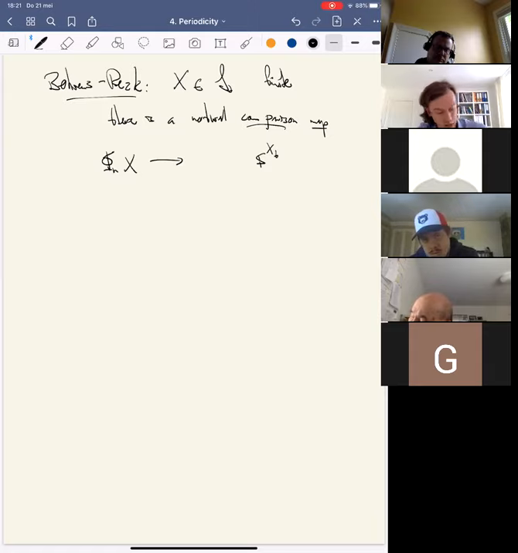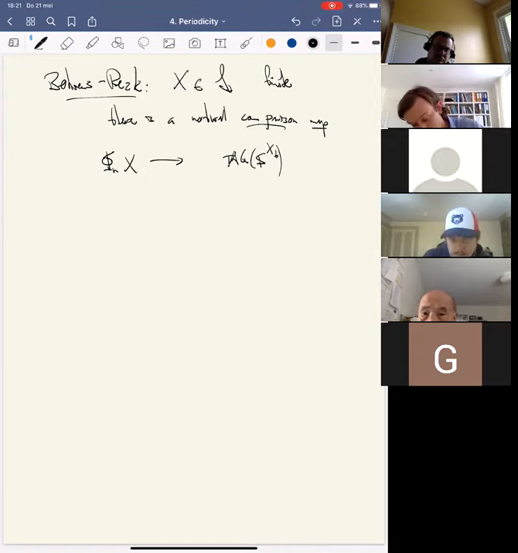I can take TAQ of it. So I can take the indecomposables of this ring spectrum, take the dual of that, and T(n) localize this whole thing. In the paper of Behrens-Resk, they look at K(n) rather than T(n) localization, but the same principle applies. So they construct this map, which is a bit like what happens in rational homotopy theory.